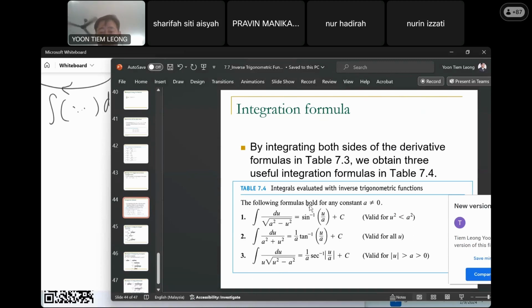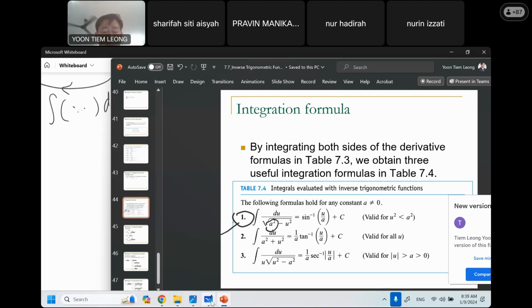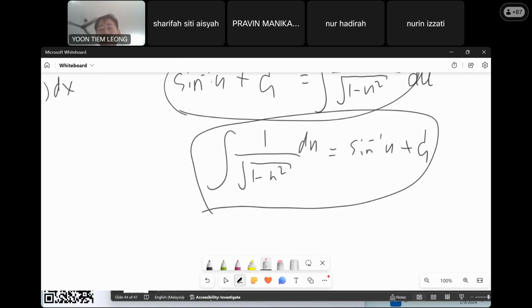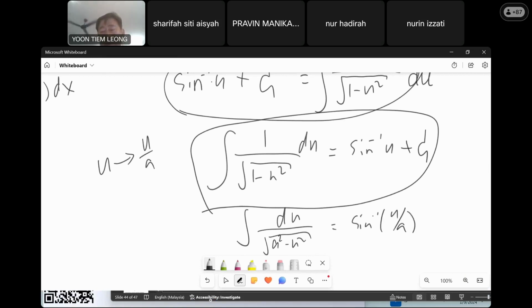So this is basically relationship number 1. However, for this number 1, it's not in terms of 1 minus u squared, but a squared minus u squared. So this result that is shown in table 7.4 is a slightly generalized version of the result that I showed you here. If you make u become u over a, then you get a result that reads: the integral of 1 over square root of a squared minus u squared du equals arcsine of u over a plus c.